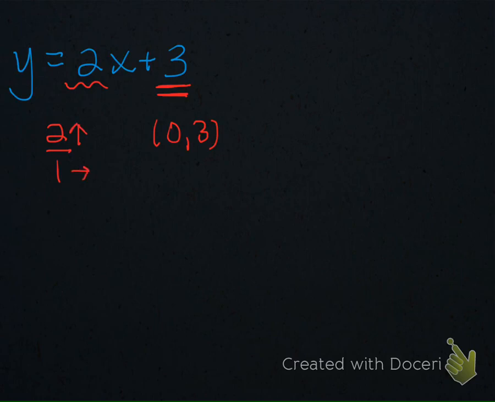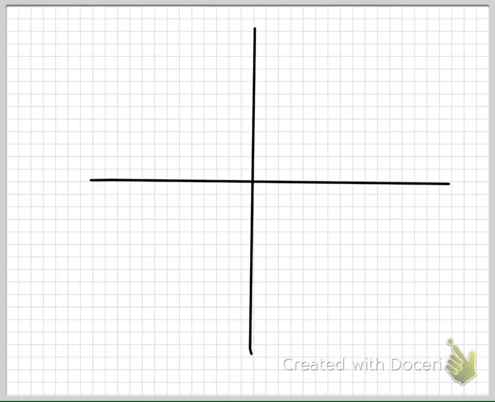So we're going to go ahead and plot some points to see what this graph looks like. Starting with a coordinate at 0, 3, what that tells us is that our figure 0 has 3 tiles on it. Then, to get the next point on our graph, we know that we have to rise by 2 and run by 1.